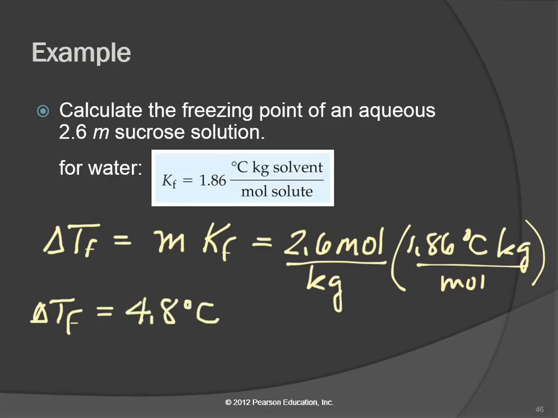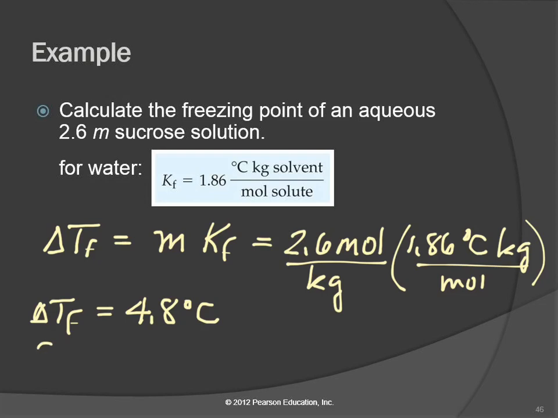What's the question asking us for, though? The freezing point. Is this the freezing point? No, that's the change in the freezing point. What's the normal freezing point of water? 0. Adding a solute makes the freezing point go down, makes the boiling point go up. They spread apart so that the water stays liquid over a wider temperature range.